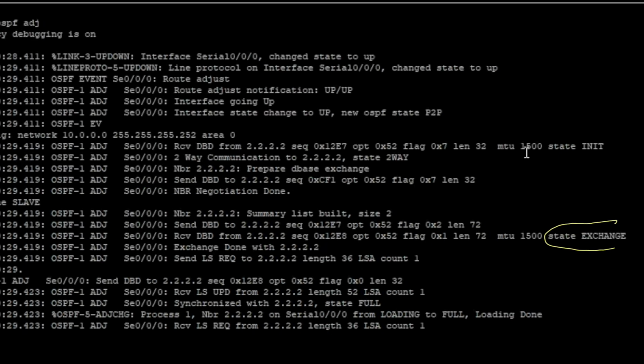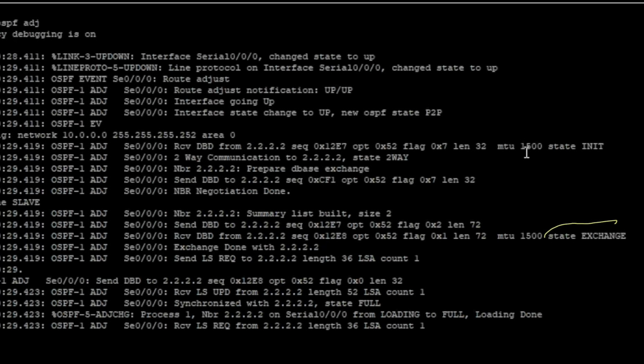After that decision is made, the routers move into the exchange state. We can see this happening here with a notification that a database description, DBD packet, has been sent. Remember, those DBD packets are just the headlines. It's not the actual full information exchange like the name would indicate.